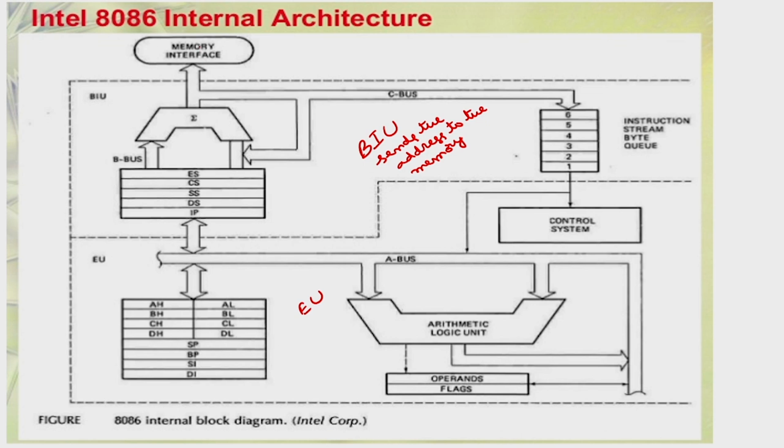This is the memory outside, the memory interface, and we can have IO also. We can connect to the IO device also. So BIU sends the address to the memory location.